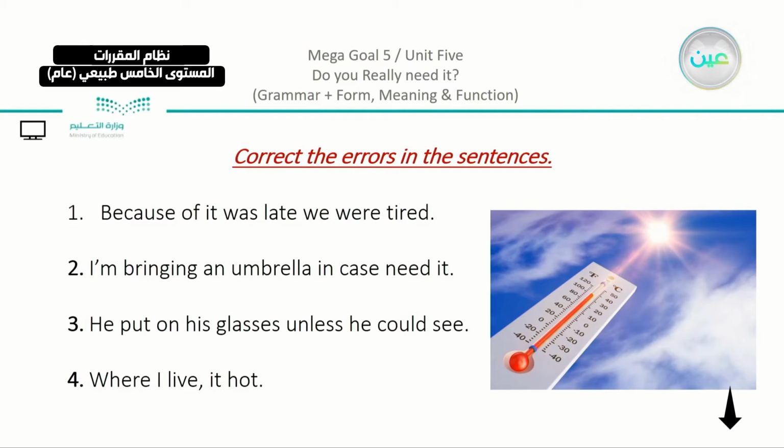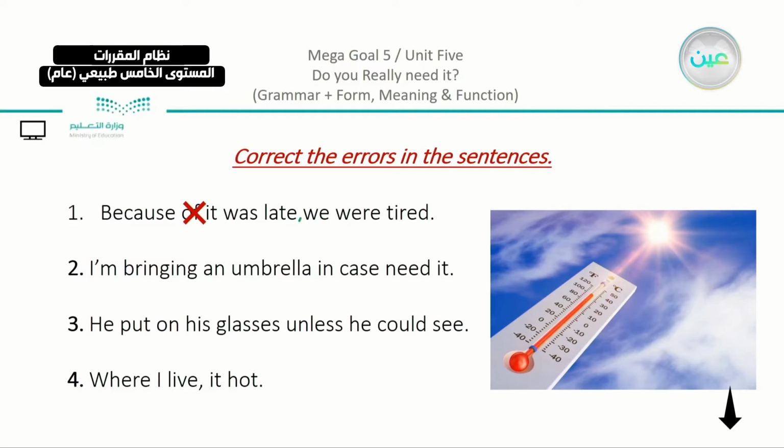What is the wrong part? You can either add something, delete something, or change it. Because of it was late, we can see that of is unnecessary, and we're going to add something very small, which is a comma. We can say now, because it was late, we were tired.